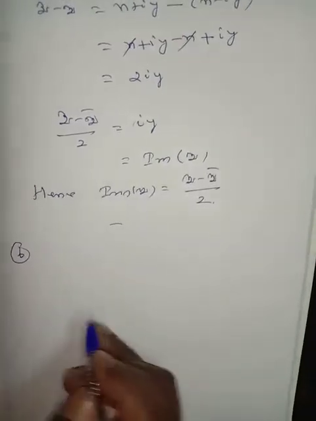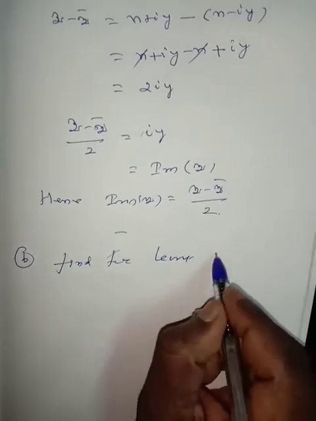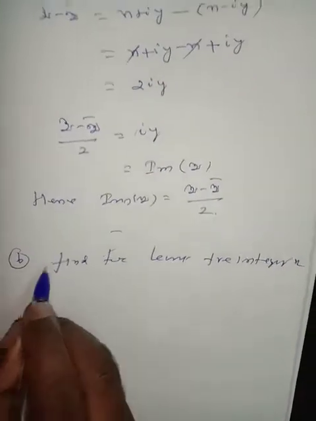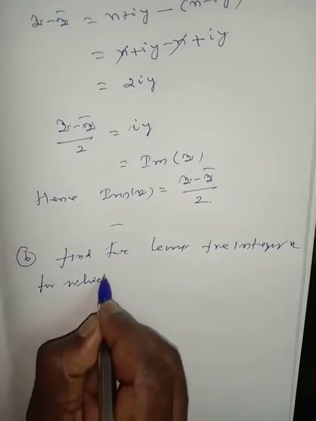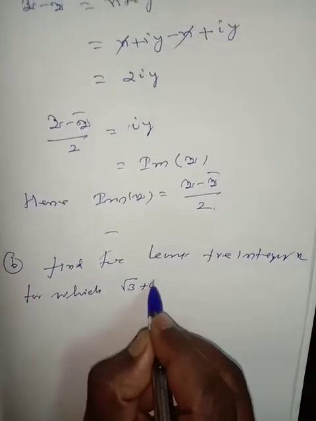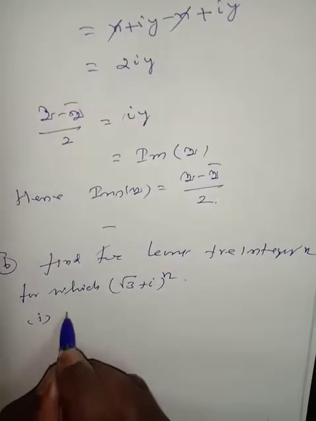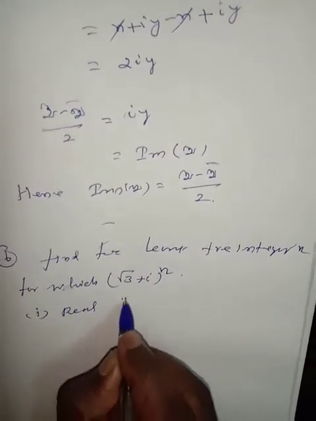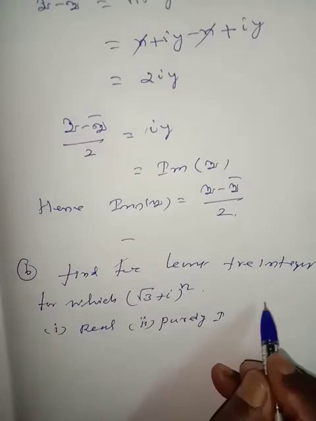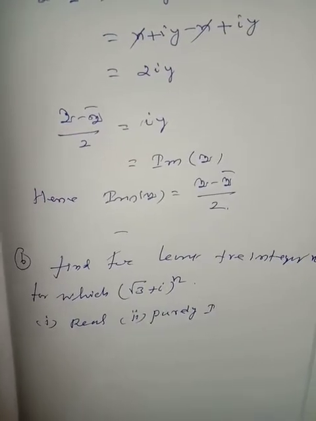Next, sum number 6. Find the least positive integer n for which (root 3 plus i) whole to the power of n is number 1 purely real, number 2 purely imaginary.